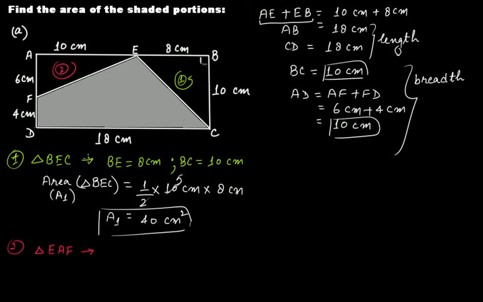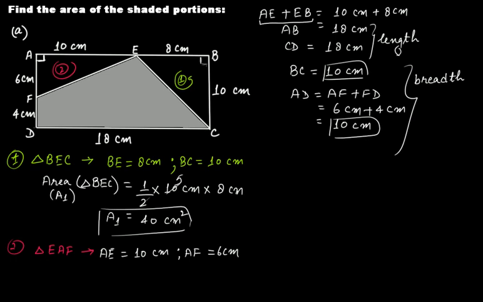In triangle EAF, right angle is at A, so again I'm assuming that AF as the base and AE as the height. Doesn't matter which side you choose as a base and height, the answer will come the same because this is a right angle triangle. So in EAF we have AE, that is 10 centimeter, and AF, that is 6 centimeter.